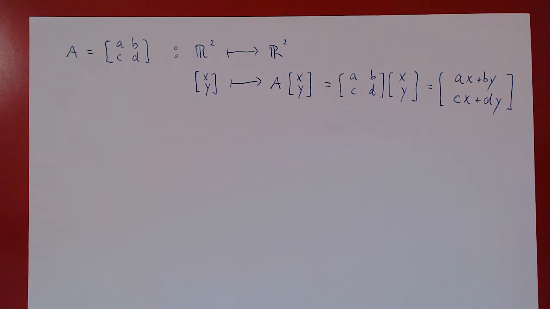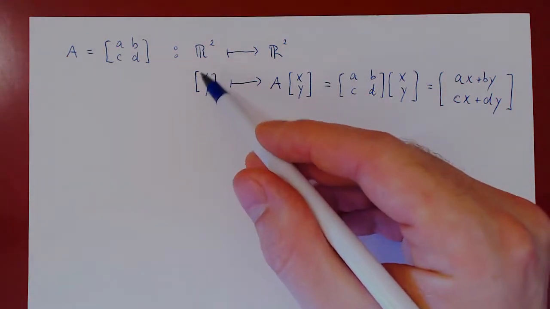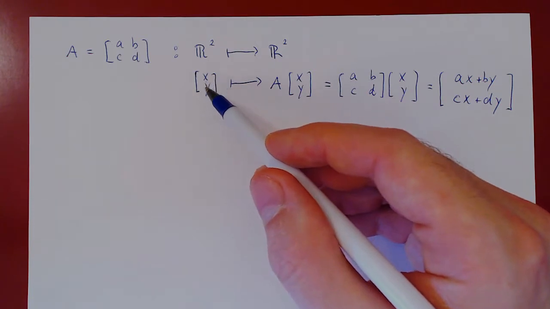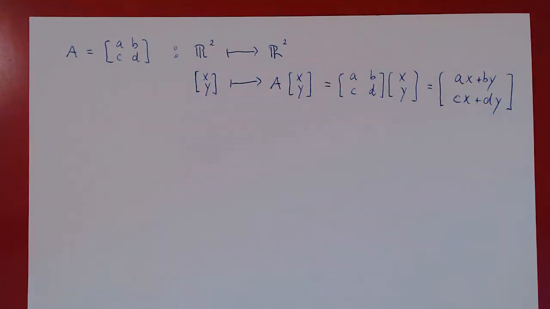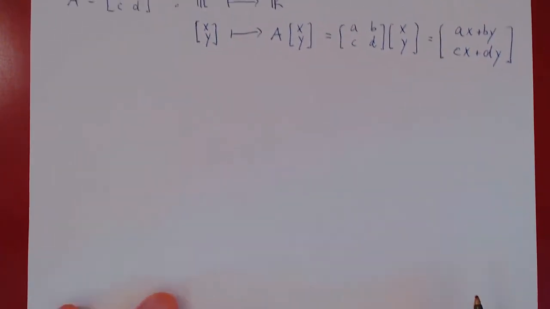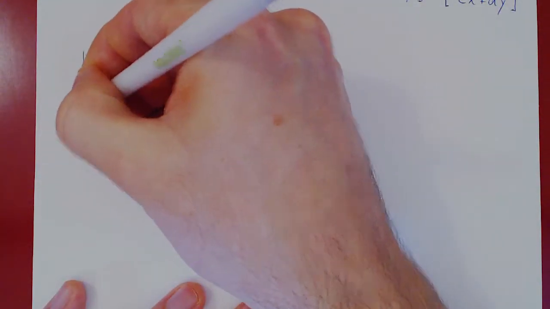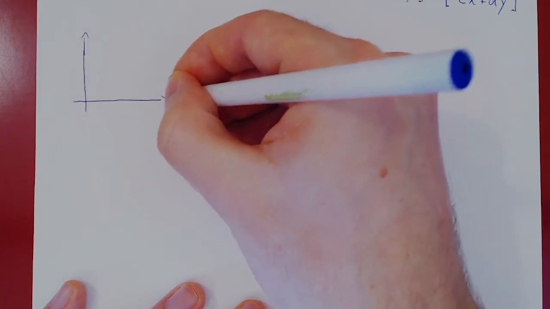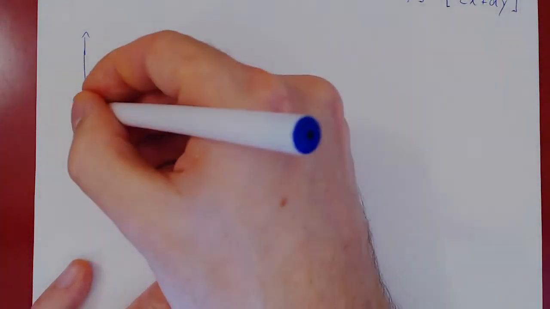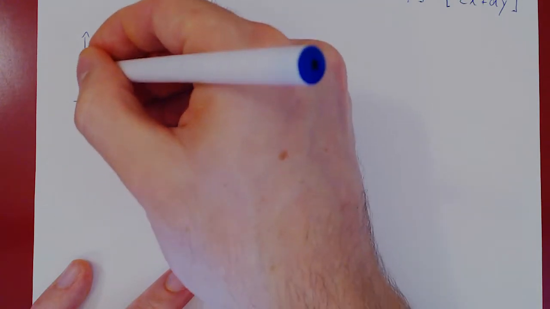And again, we can ask, well, geometrically, what is happening, right? So we take a point in the xy plane, multiply that point by A, and we have a new point in the xy plane. So let's draw a picture to figure out geometrically what's happening. Suppose we take the unit square in the xy plane.